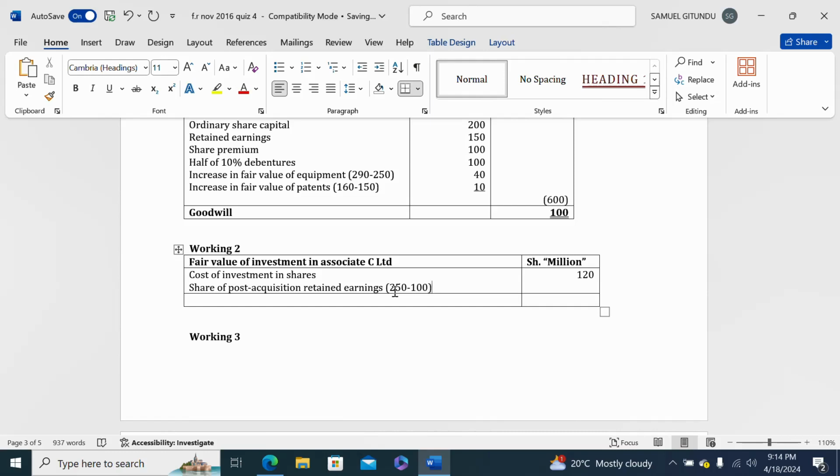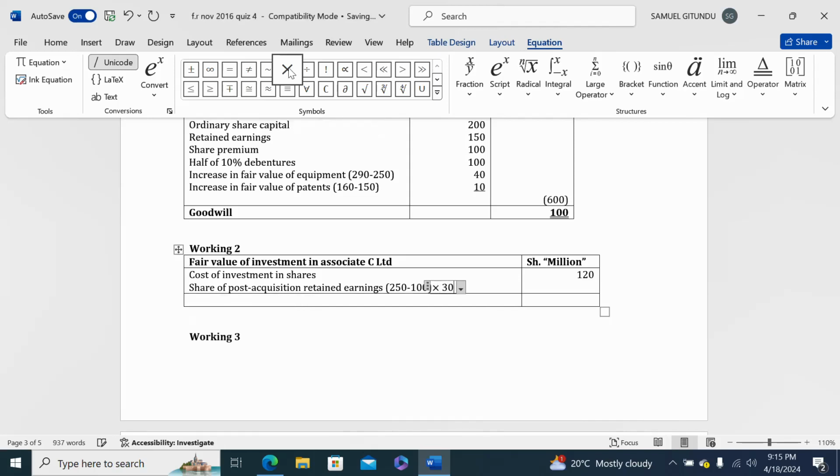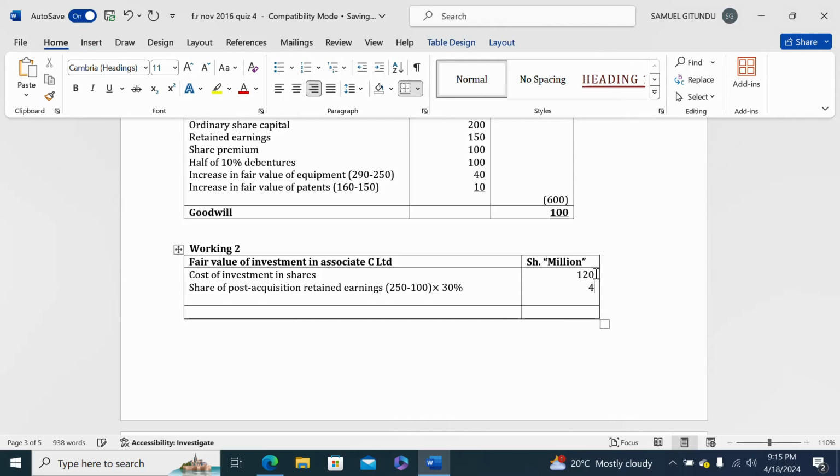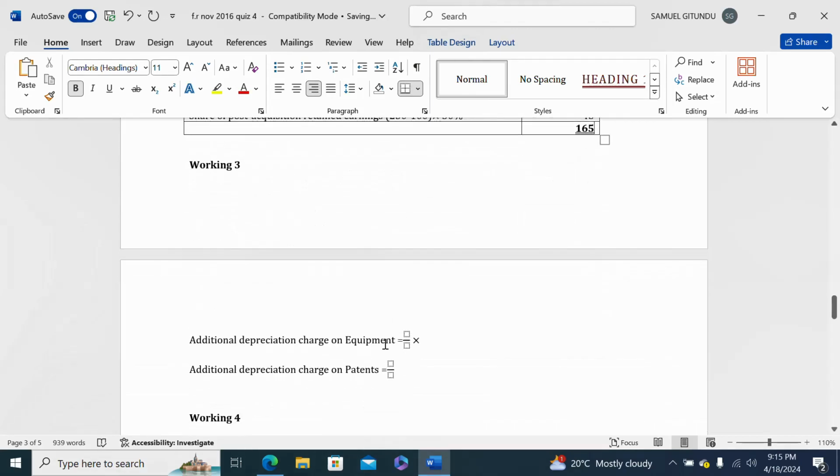Then the amount that you get here, you multiply by 30%, because our parent, which is A, controls 30% of C. And if we do that, you're getting 45 million, which means that our investment in associate is 165 million.